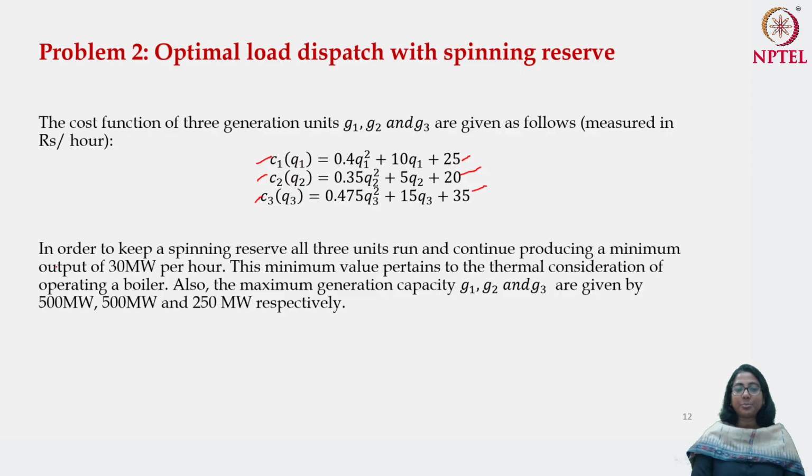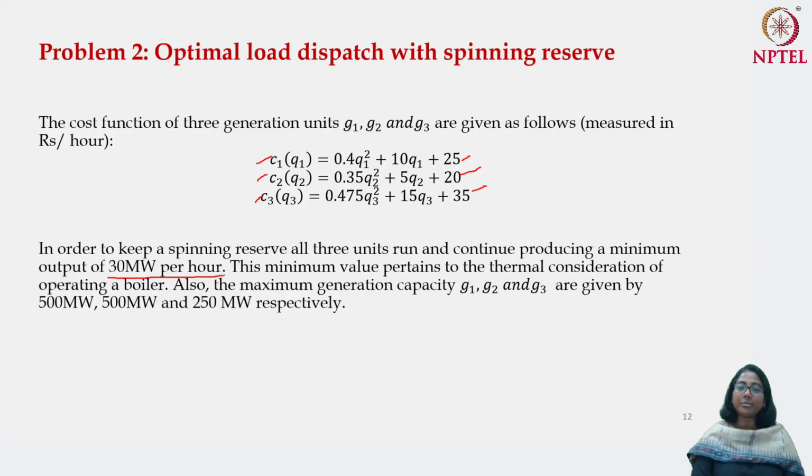In order to keep the spinning reserve, the condition goes like this. All three units have to run and continue producing a minimum output of 30 megawatt per hour. This is the minimum requirement. Now how has this 30 megawatt per hour come about?